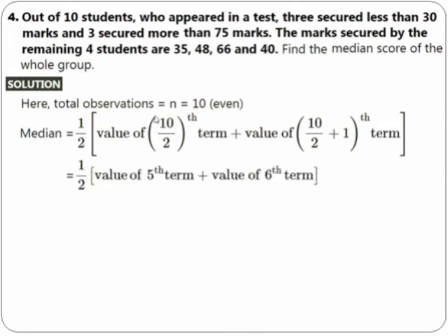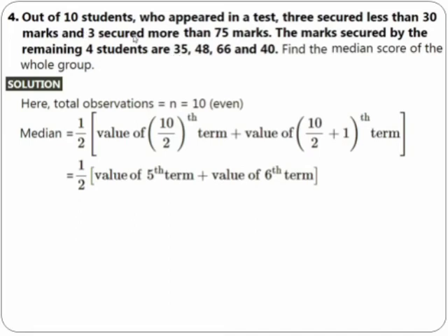So in case of even, you know that the median will turn out to be this much. Okay, fine. Now what you can observe here is 35, 48, 66, 40. The 4 scores are given, and for the rest, 3 people have got less than 30. You know that you first arrange the data in ascending order, isn't it? So that means the ones who have got less than 30 will come to the left of 35.